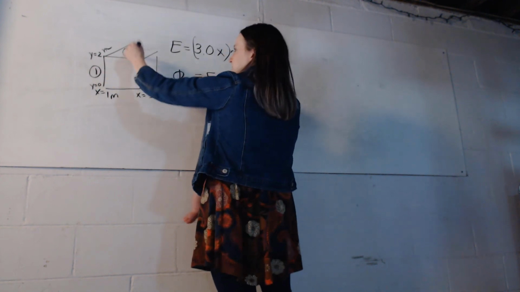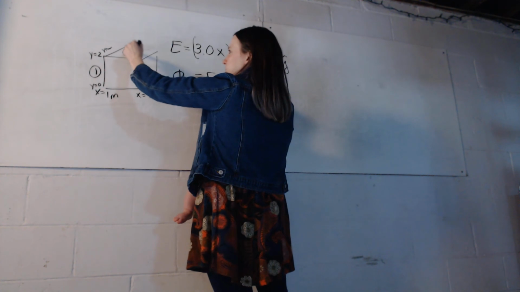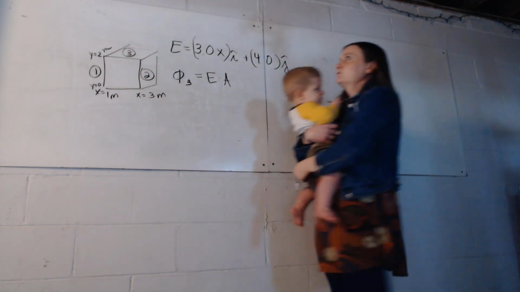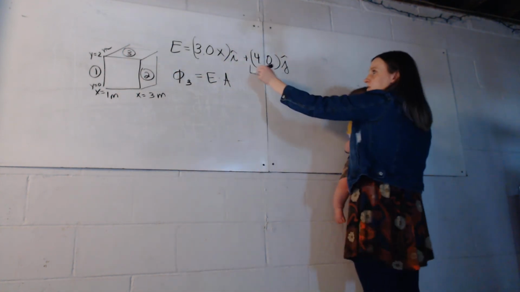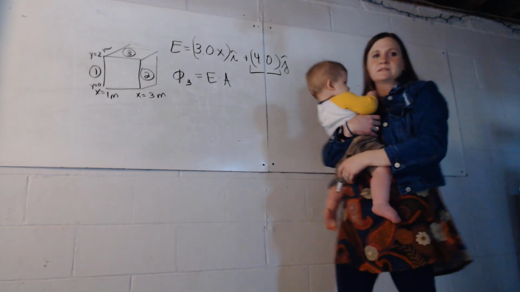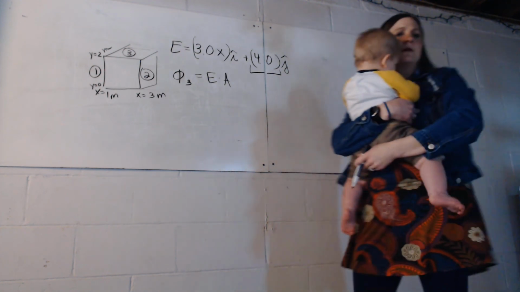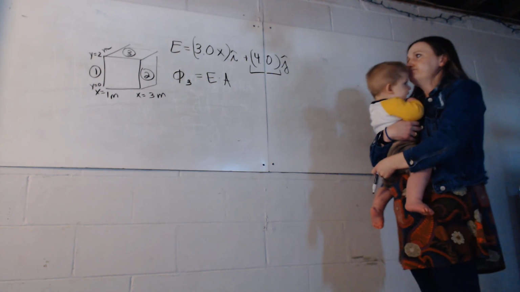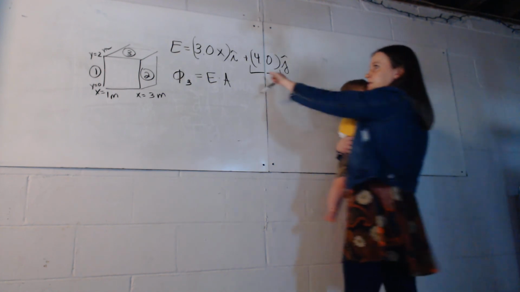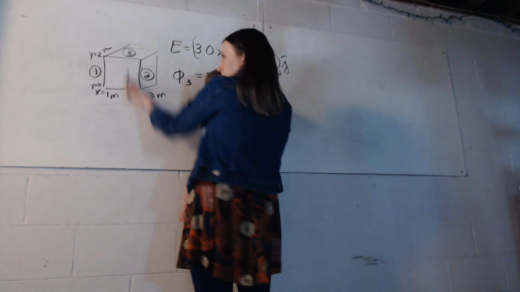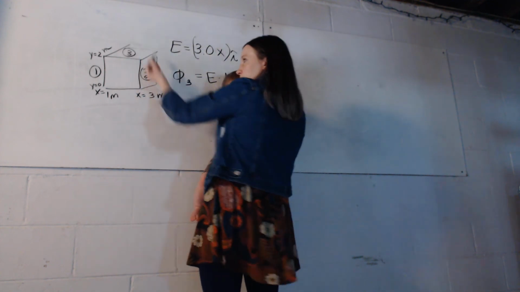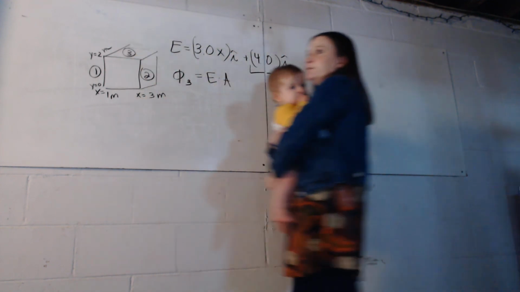It is not piercing this face. The only thing piercing this face is the electric field that is in y, and that is given as 4.0. It's the constant value. So 4 newtons per coulomb is the electric field in y. It is positive, which means it's running up. We call that positive. So it would be piercing out of face 3.